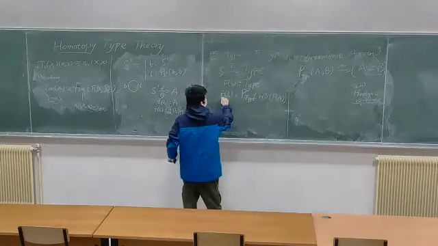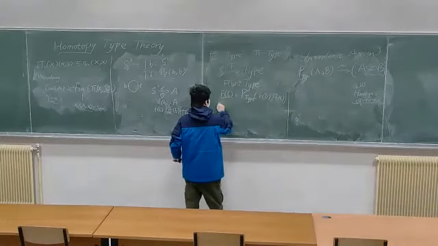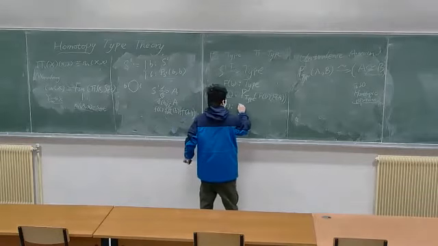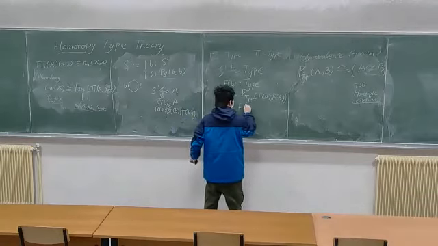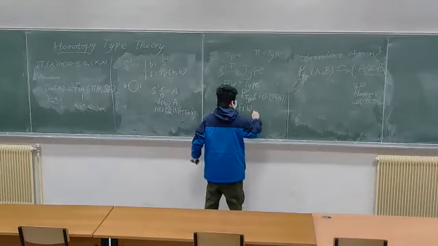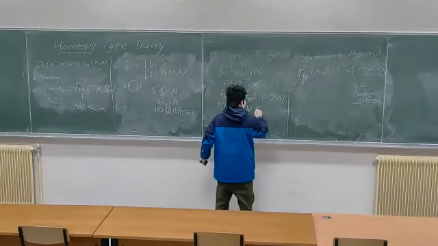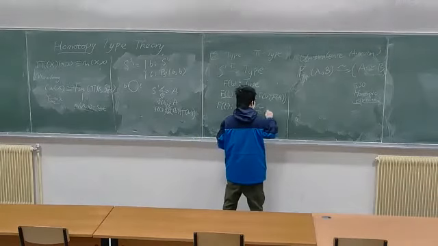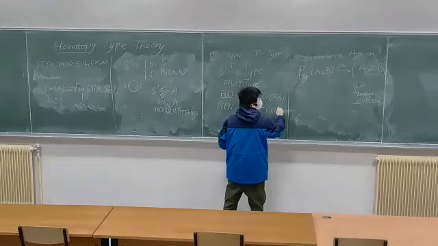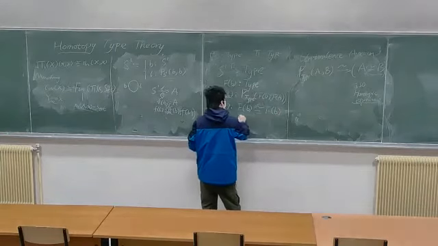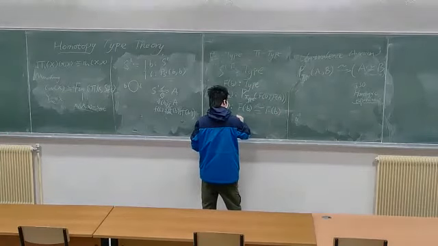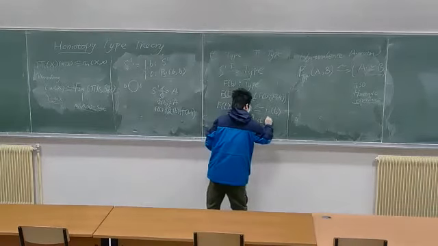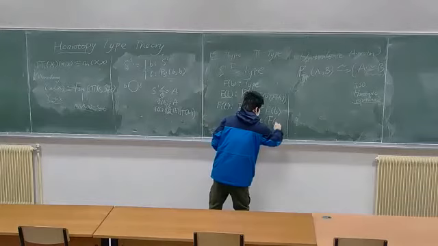So this image of the loop, in fact, we define it. It's just an isomorphism from the fiber to itself, i.e. an automorphism of the base fiber.